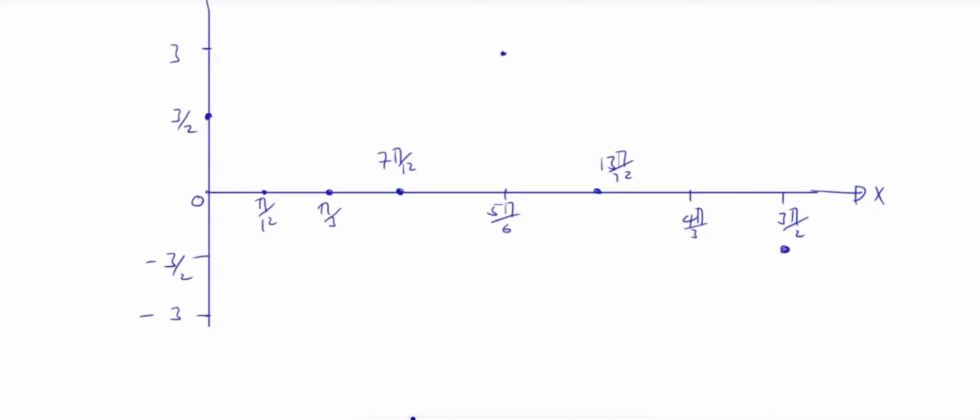My other amplitude is up there, so that's going to be 4 pi over 3, negative 3. That's one amplitude. The other one was 5 pi over 6, 3. And those are the x-intercepts. This amplitude here is pi over 3, negative 3.